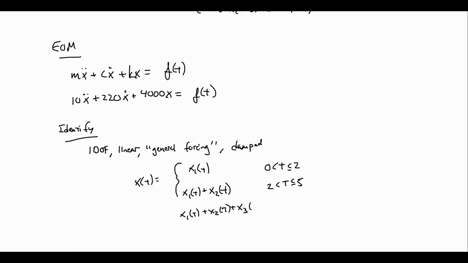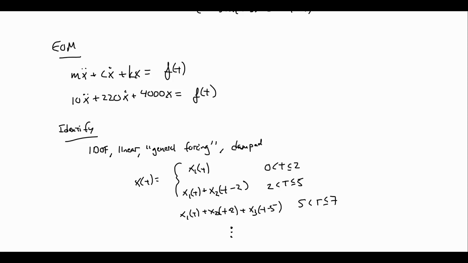And here I do need to have t minus 2 in my evaluation. And this will be the t minus 2. And then the third part will be t minus 5. And that's good from 5 seconds to 7 seconds, and etc.